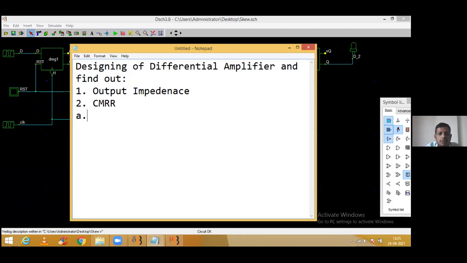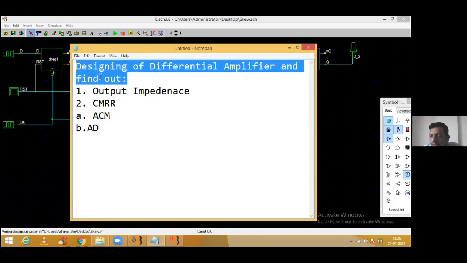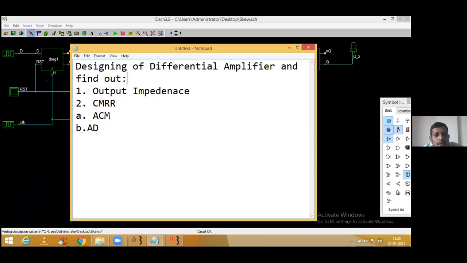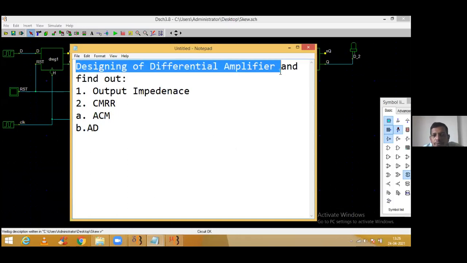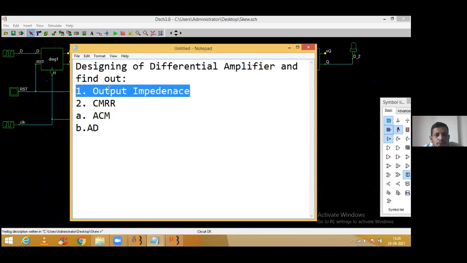For CMRR, what do we need? ACM and AD. Am I right, everybody? Yes, sir. It's the simplest example you will come across. You need to design a differential amplifier and find out the output impedance.